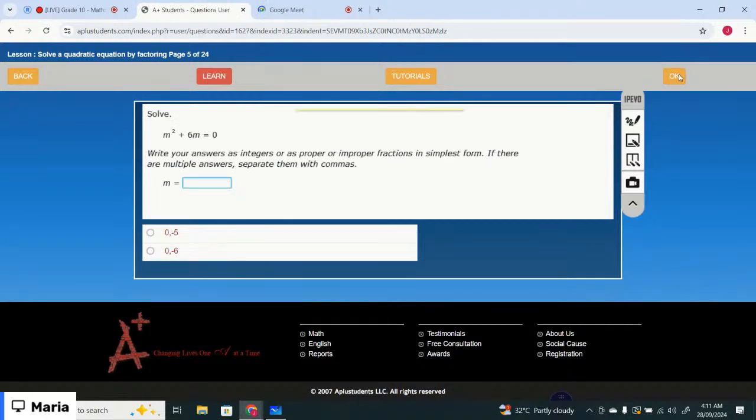Okay, m square plus 6m equals 0. So which is the correct option?